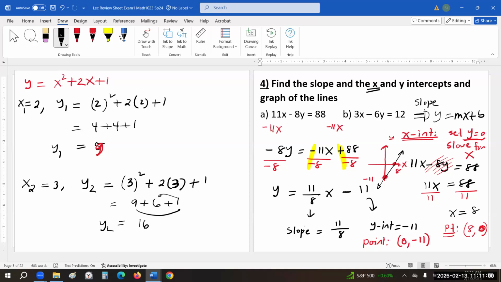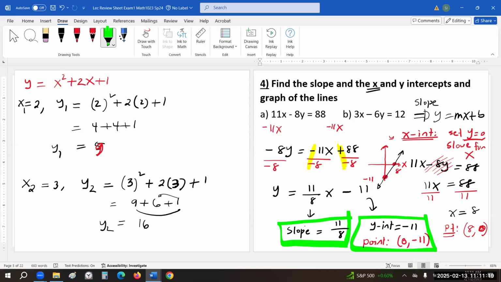Plot the y-intercept on the y-axis, the x-intercept on the x-axis, and connect them. So these are the 4 things you need to find: the slope, the y-intercept as a point, the x-intercept as a point, and plot your graph.